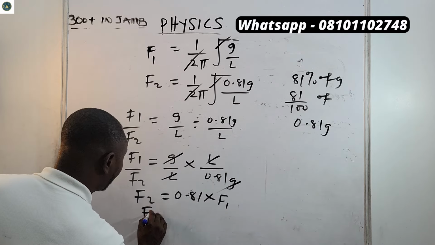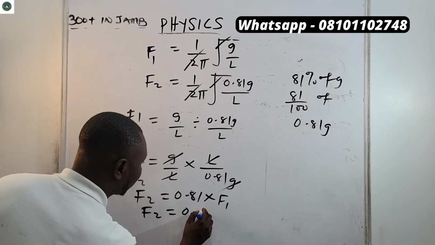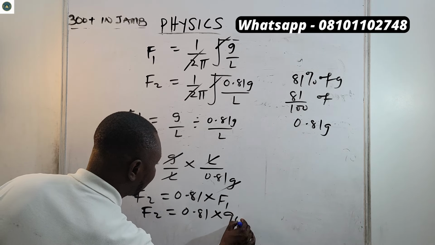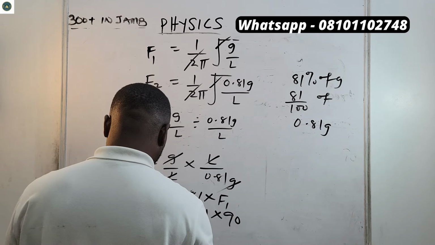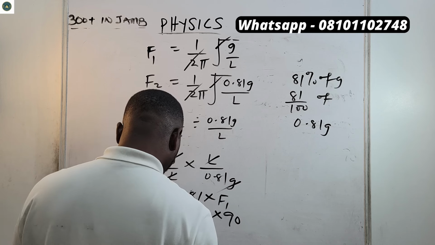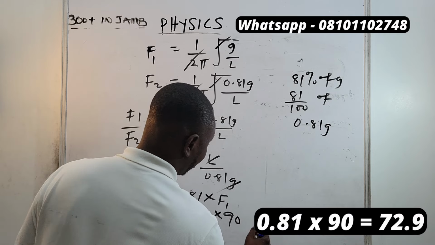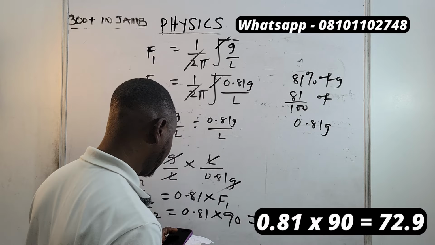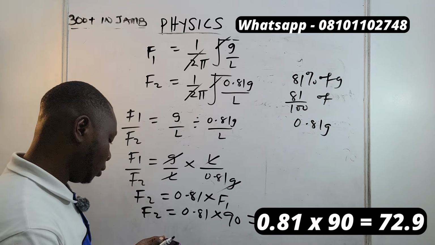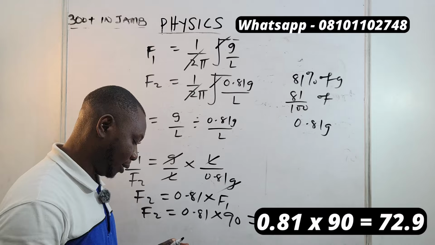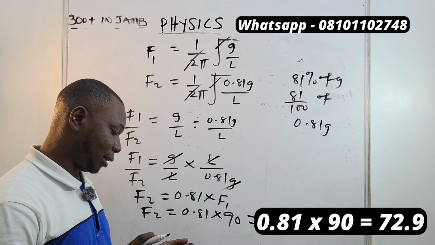So definitely F2 is 0.81 times 90. So approximately we have 81. All right. That is it on that question.